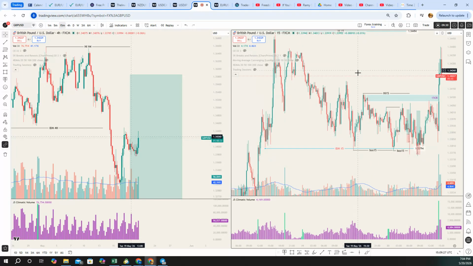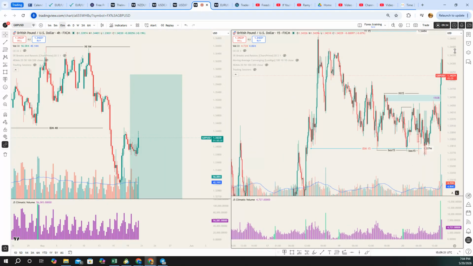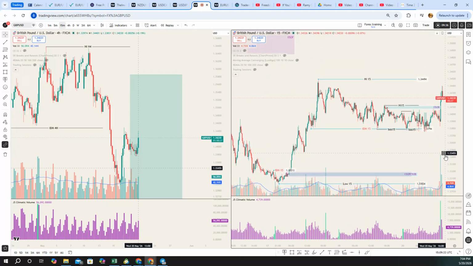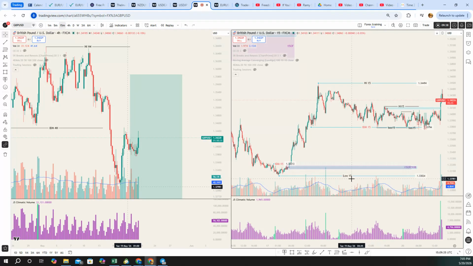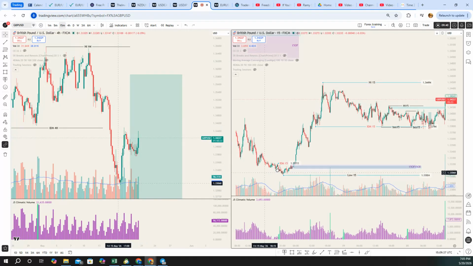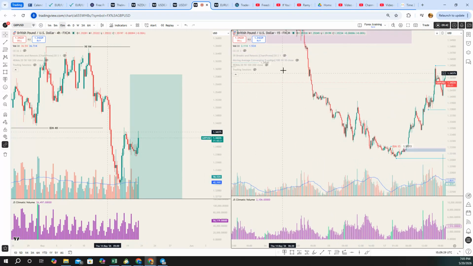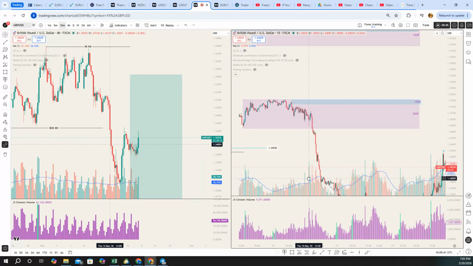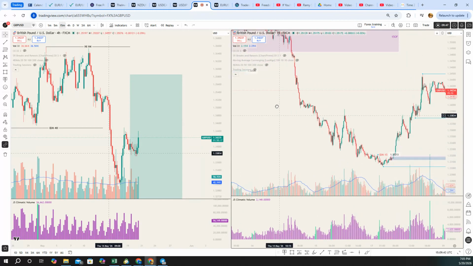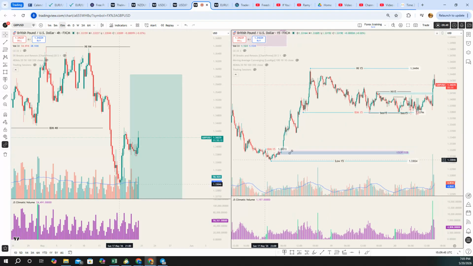So the basic structure of the 15 hour: this is the low of the range, this is the high of the range. As you can see, the price went down and it's going up.